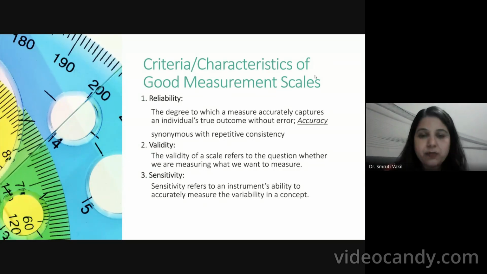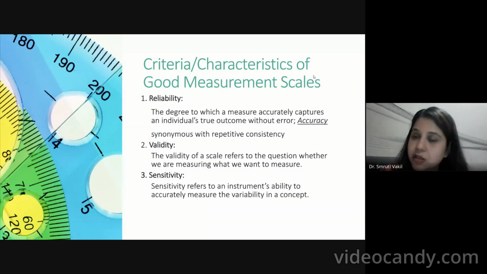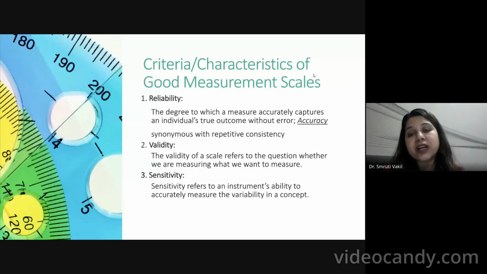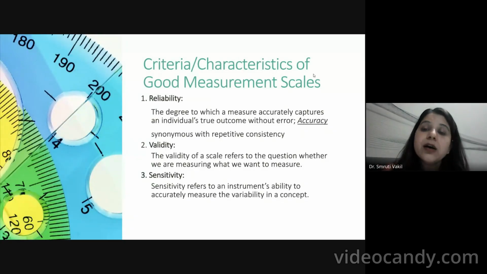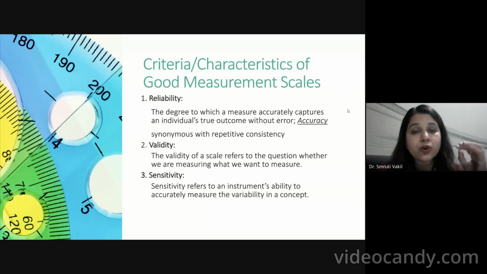Like every time I am measuring job satisfaction with it, obviously the data is different, the respondents are different, so the answer would be different. But whether it is accurately measuring job satisfaction, that will tell the reliability of this measurement scale. Now there are Cronbach alphas and other things that you can use to check your reliability. And if that Cronbach alpha is above 0.7, that means your scale is reliable and you can use it.